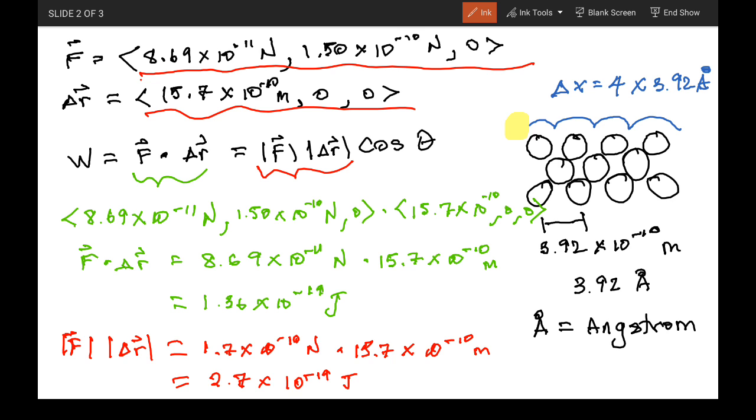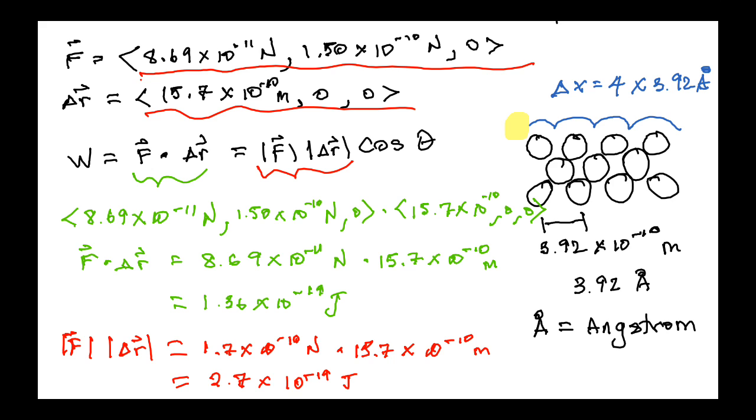And that has units of joules as well. So you can see that the magnitudes of the two vectors is larger than the size of the dot product of the vectors, and that's because we're going to have to multiply by cosine of theta for these two magnitudes, and cosine of theta goes between minus 1 and 1, and so that indicates that we're going to make this number that's in red smaller simply because we're going to multiply by some number that can't be any larger than 1.